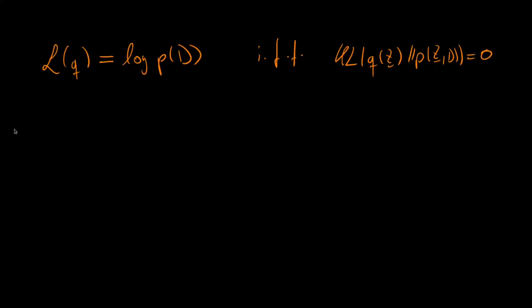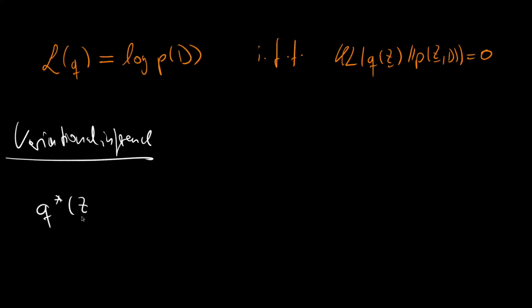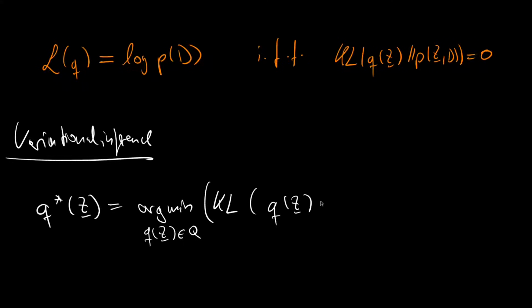The task of variational inference was that Q star of theta is the arg min over all Q of theta from a family, for instance the Gaussians, of the KL divergence of Q of theta and the true posterior.